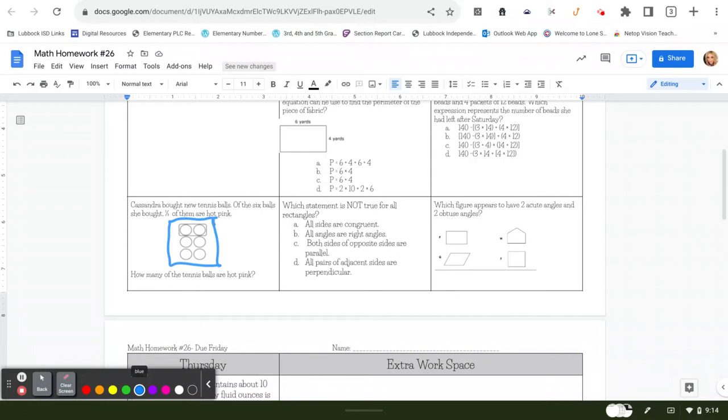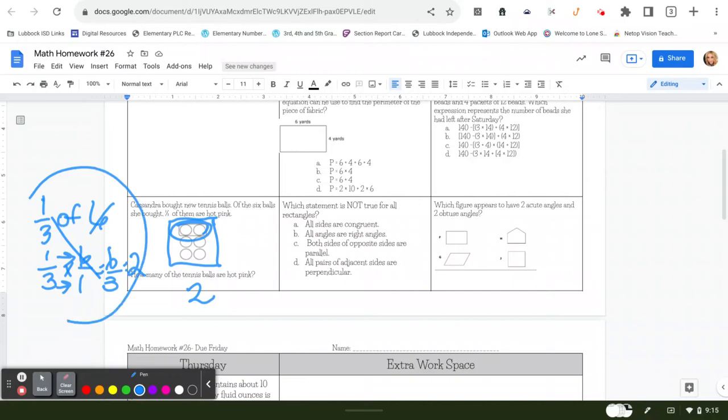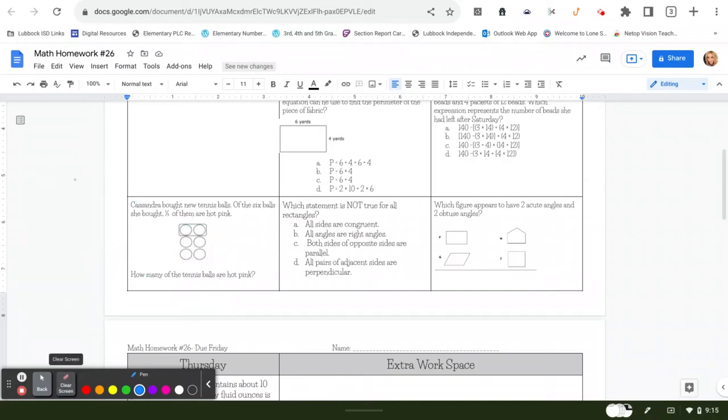If you want to work it out, they're saying 1/3 of 6. We know that's multiplication. So you'd get 6/3, and when you divide, you would get 2 as our answer. I like using the model because it's right there. Save yourself some time, but this also works.